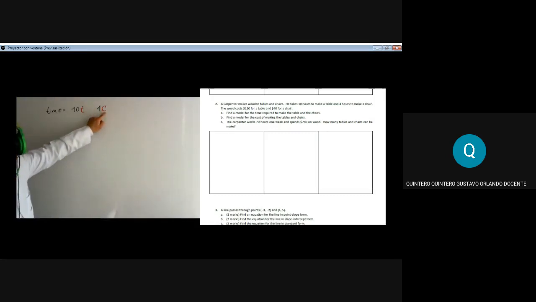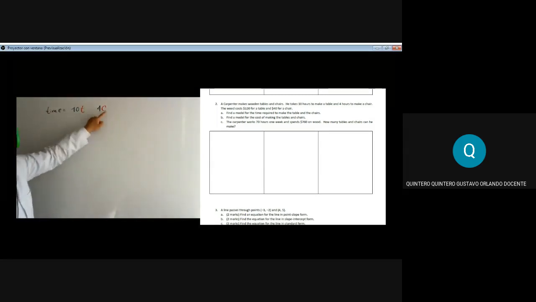All right. The answer is add, of course. But why? Why do I add them? All right. Easy. Because the time I spend doing tables and chairs has to be the addition of the time of the tables and the chairs. If I do one table and one chair, 1 and 1, then I will spend 10 hours for the table and 4 hours for the chair.